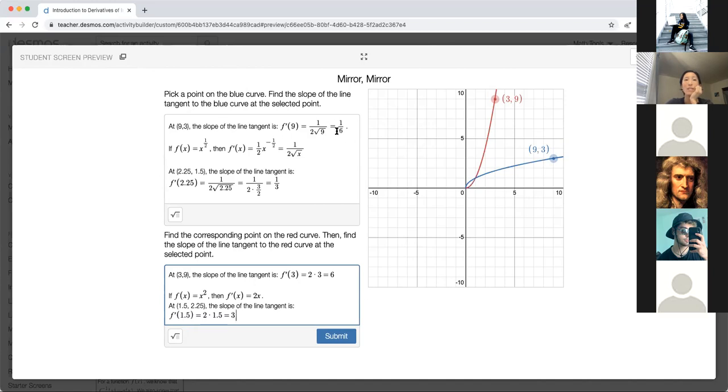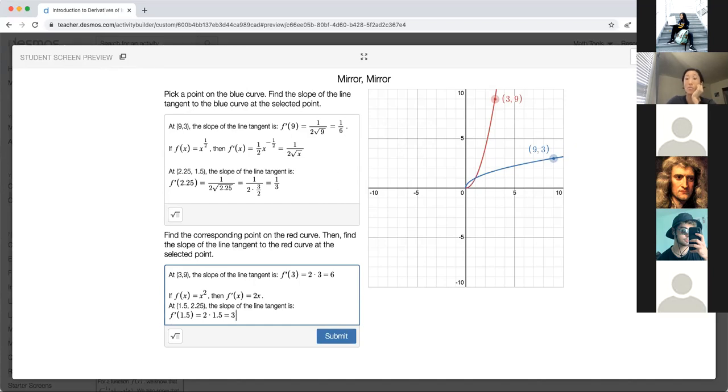So we got 1/6 up here and we got 6 down here. We got 1/3 down here, we got 3 down here. Is this fitting with our pattern, our conjecture, where we said that the corresponding points have slopes that are reciprocals? Is that still a fair statement? Yeah, I think we made a really good conjecture in the beginning.